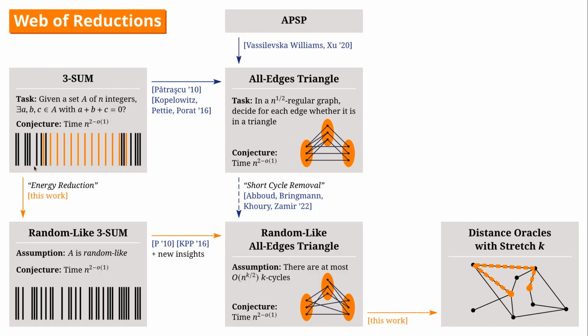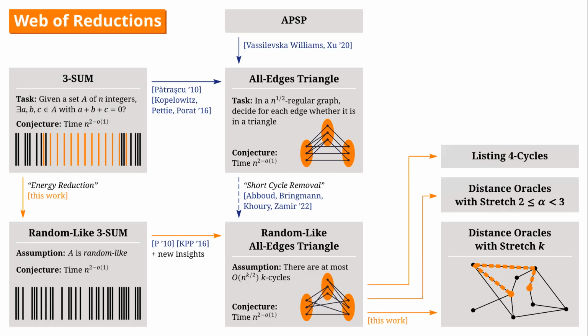We apply some kind of reduction, which we call the energy reduction, to make three-sum look more random-like. Then we follow a very similar reduction from random-like three-sum to random-like all edges triangle. And we use the reduction from random-like all edges triangle to distance oracles. Actually, we will improve it a little bit in order to make the constants match nicely.